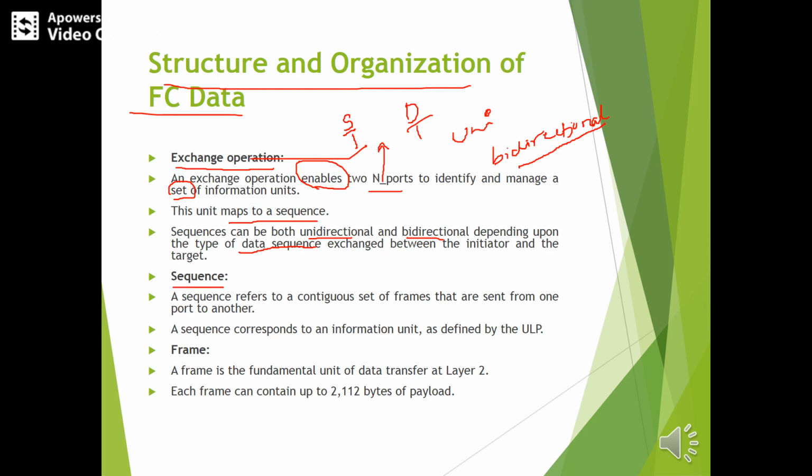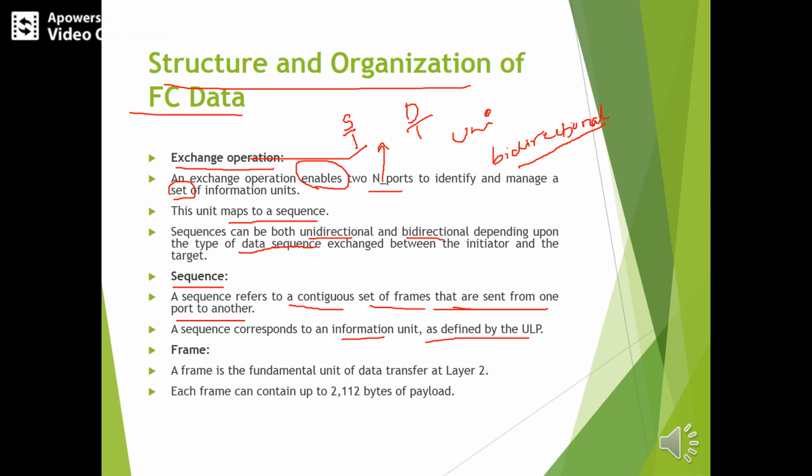Next we'll take the sequence. A sequence refers to a contiguous set of frames that are sent from one port to another. A sequence corresponds to an information unit as defined by the ULP, the upper layer protocol.